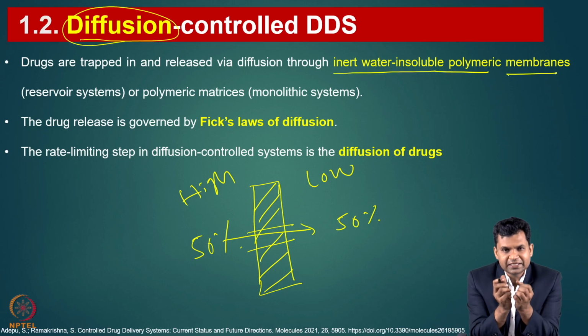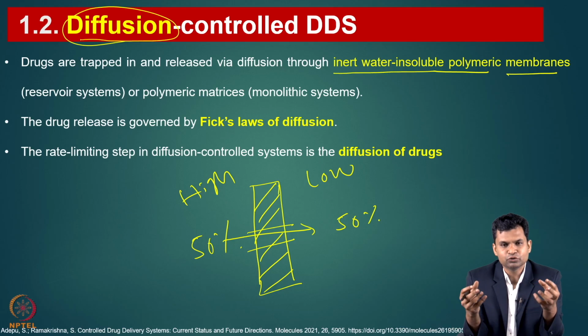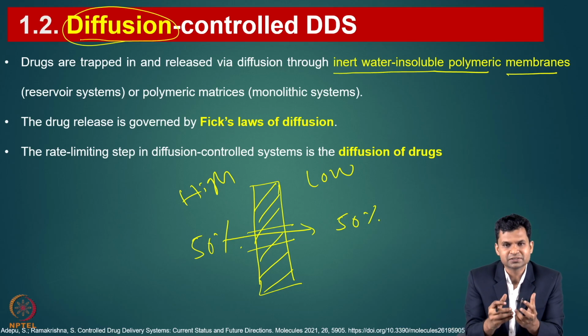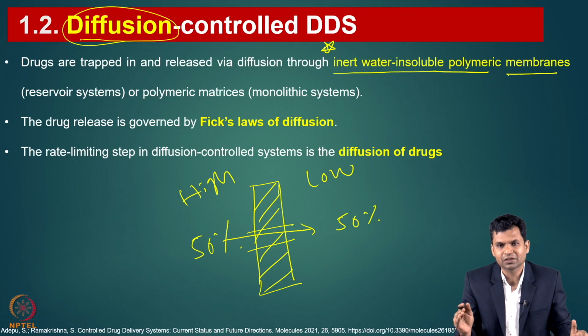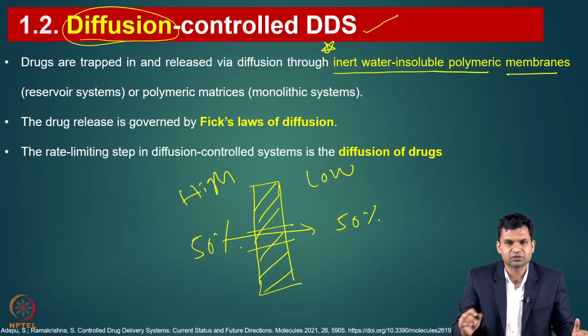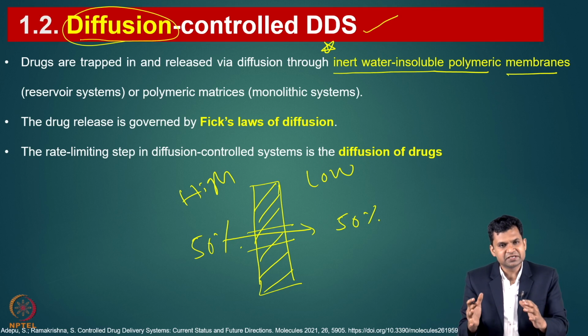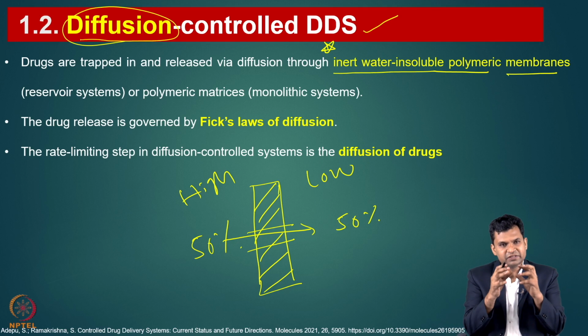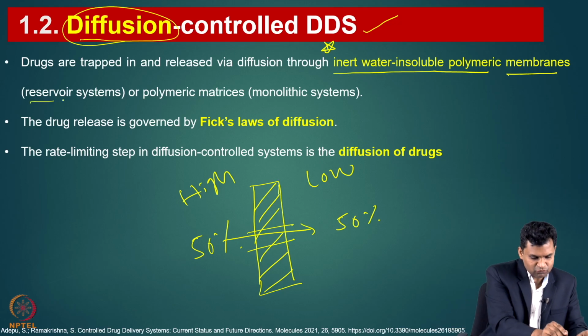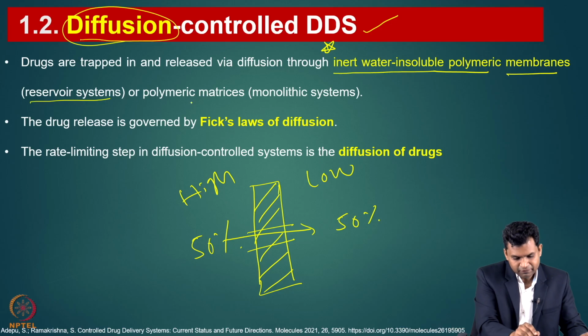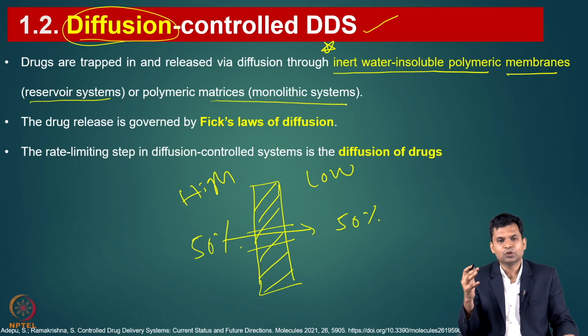When you encapsulate, trap, coat or embed your drugs in inert water insoluble polymers, that will follow the diffusion controlled drug delivery mechanism. And as we discussed in the case of dissolution, with diffusion control we can make reservoir systems and also monolithic matrix systems.